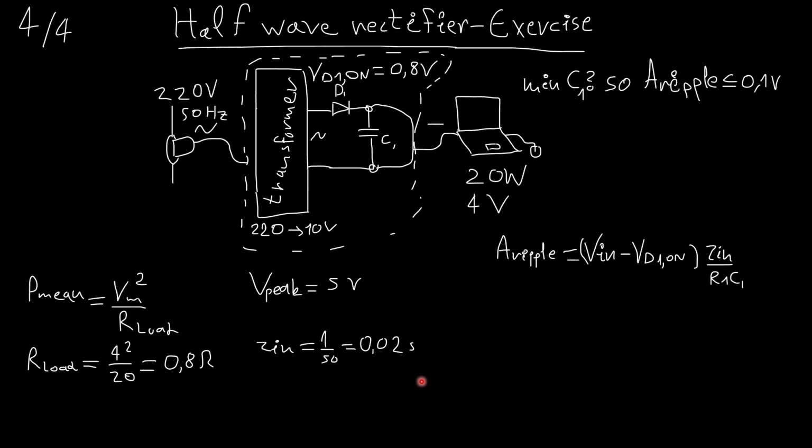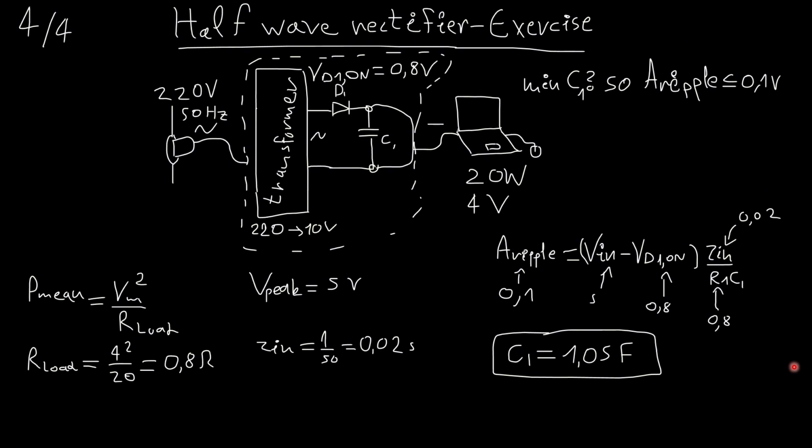And now I'm ready to plug in my numbers in the ripple amplitude equation. This is 0.1, this is 5, this is VD on 0.8, 0.02, the tau in, R1 is 0.8. And if I do the algebra here with these numbers, I get this result.